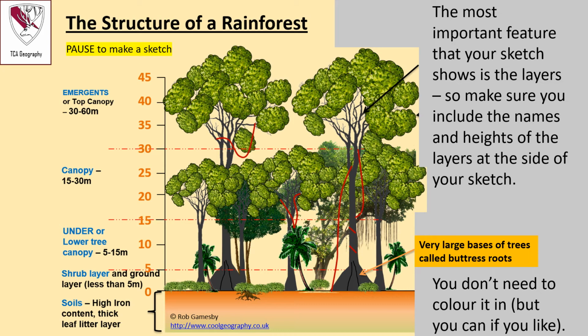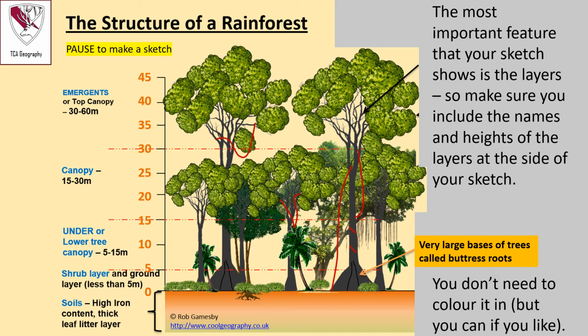Now on to the structure of a rainforest, and here's a diagram for you. The most important things to notice here are the layers. So if I'm going to start not at the top but one down at the canopy. The canopy is an almost continuous layer of treetops between 15 to 30 metres above the ground.